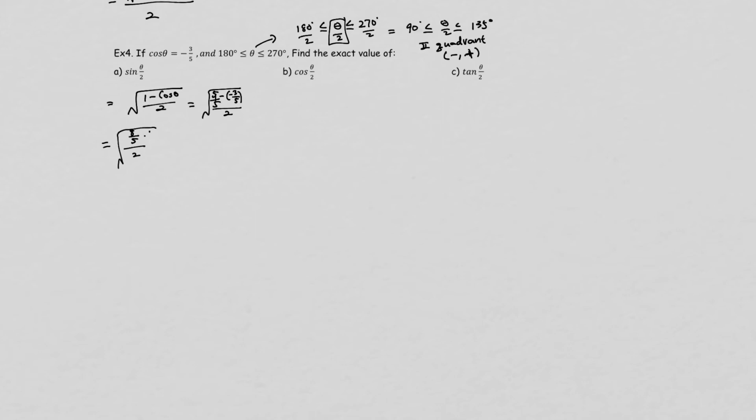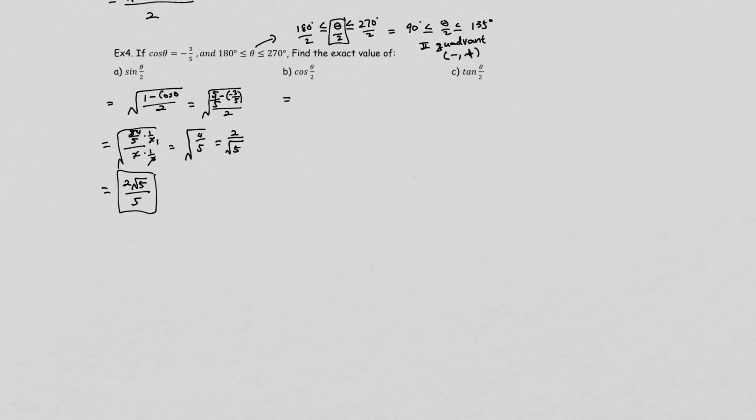And when you multiply by 1/2 to get rid of complex fractions, you get square root of, let's reduce, you get 4 over 5. And square root of 4 is 2, and you have square root of 5. When you rationalize that, you get 2 square root of 5 over 5 for sine theta over 2.